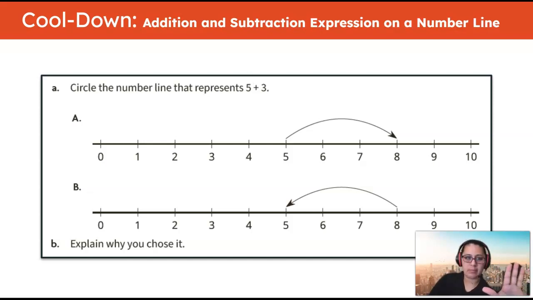We're adding 5 plus 3 equals what? So you're going to circle the correct number line, and then you're going to explain why you chose it. Okay, and this is your exit ticket. So I can use this to check for understanding. And then we'll go over it right now.